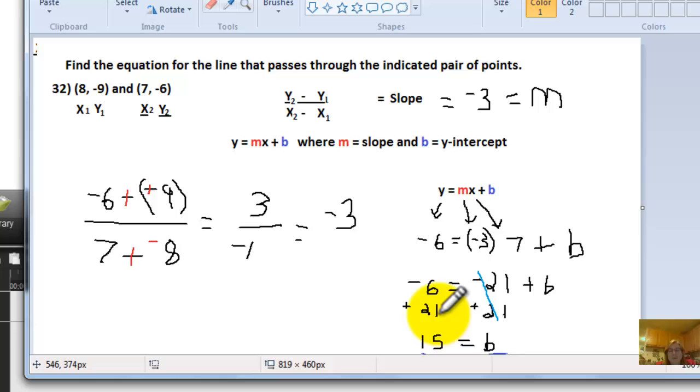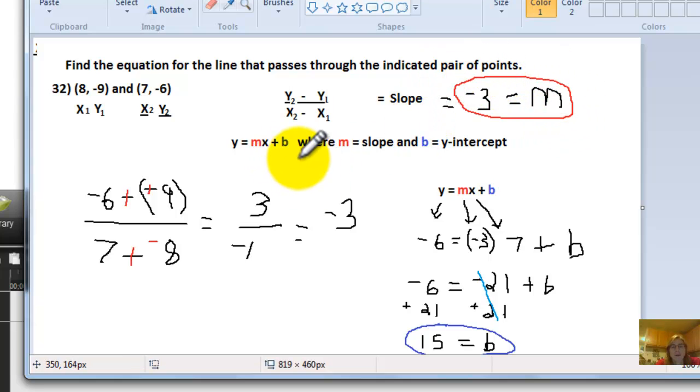And our integer rules tell us to find the difference. 21 is a larger number and it is positive. So b is 15. And m is negative 3.